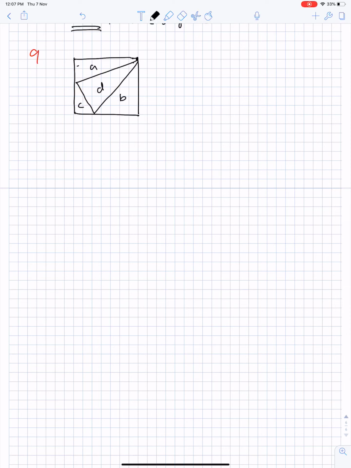What fraction is each triangle? Interesting. The square is split up into 4 triangles by drawing 2 lines. Let me draw this properly.